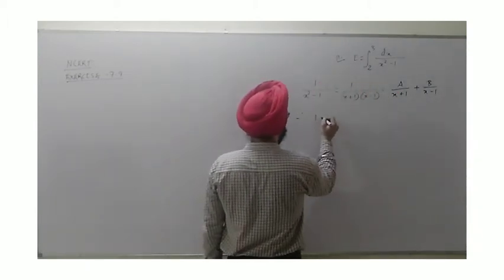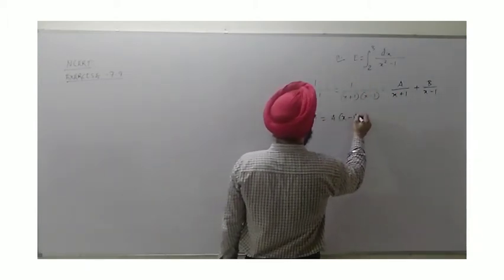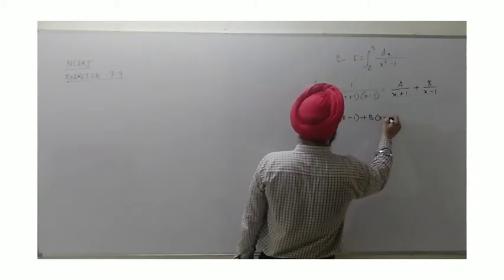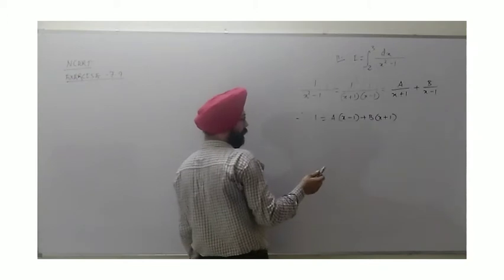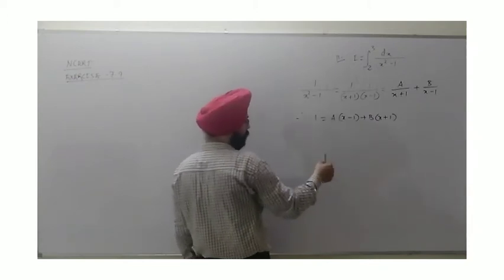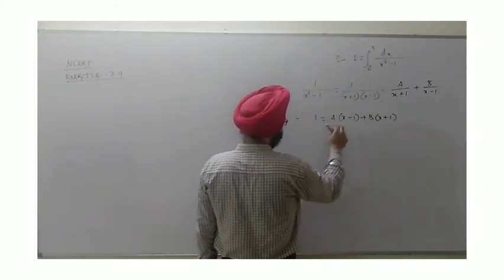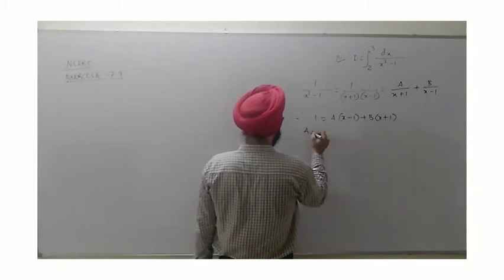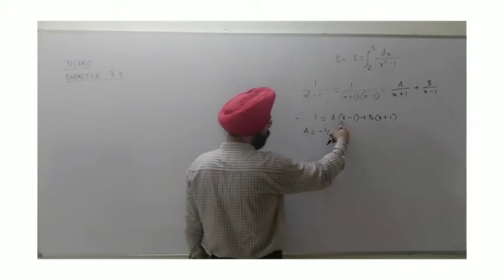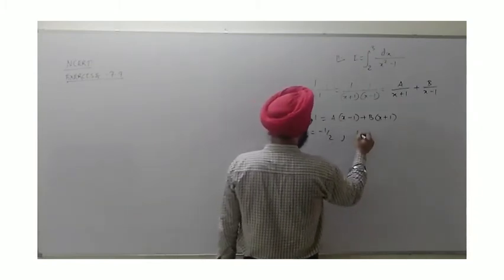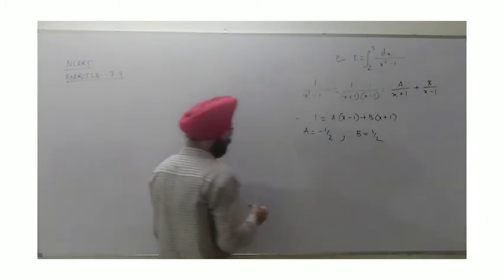Therefore 1 is equal to a times x minus 1 plus b times x plus 1. By hidden trial, if I take x equal to minus 1, a equals minus 1 by 2. And if I take x equal to 1, this term will be 0, and we get b equal to 1 by 2.